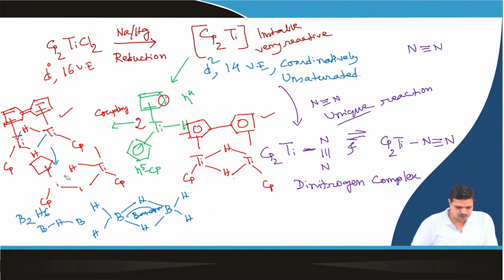So I'll remove this one so that it is easy to understand. So in case here you see that it is being reduced to a d0 to d2 system and becoming a 14 electron system. So what happens here?